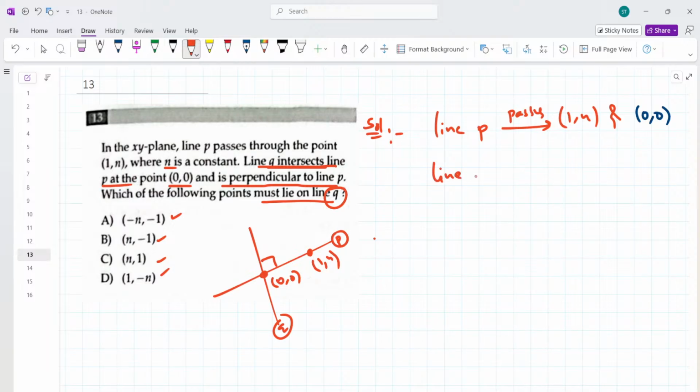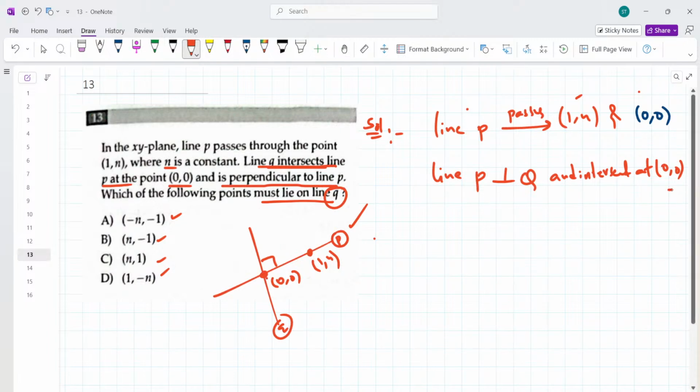Let me write one more thing. Line P is perpendicular to line Q and intersects at (0, 0). Line P passes through both of these points. You can see here it is passing through (0, 0) and (1, n), but line Q intersects P at (0, 0).